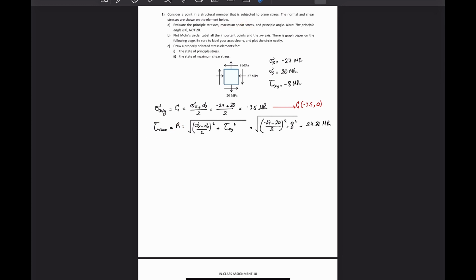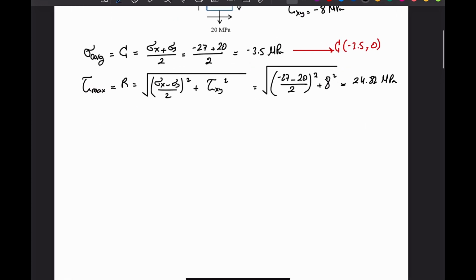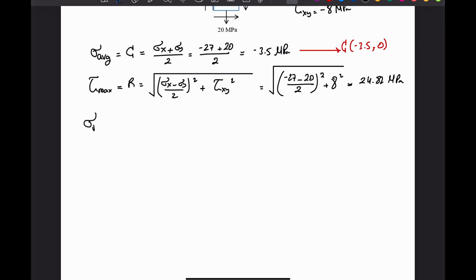Now I want to find the principal stresses. So principal stresses are sigma P1, which is gonna be C plus R, and the sigma P2 gonna be C minus R. So the C was negative 3.5, the R was 24.82, and I'm going to get 21.32 megapascal.